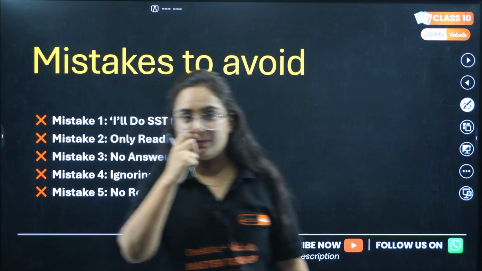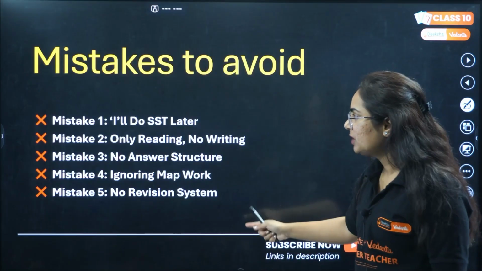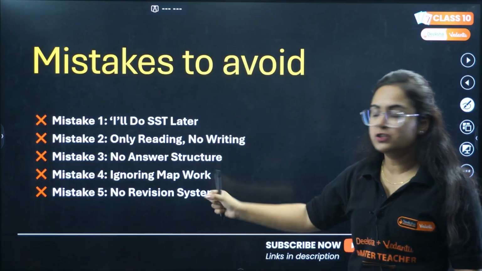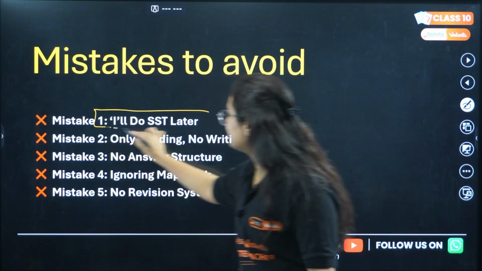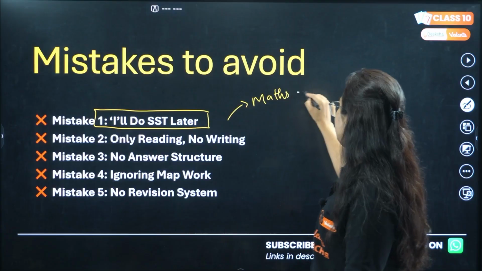Okay, so here are the mistakes that you were doing in class 9 that you should not do in class 10th. The first mistake that students often make: I will do SST later, let me first focus on maths plus science.